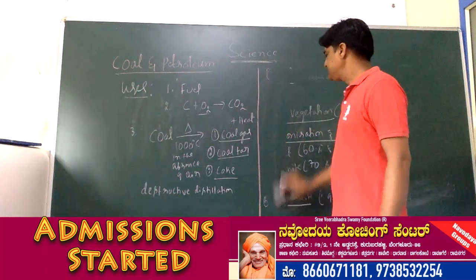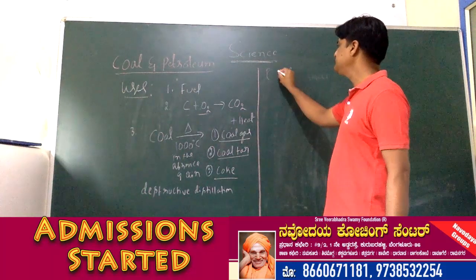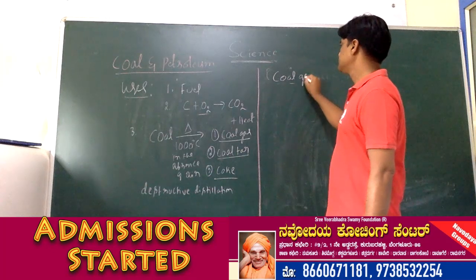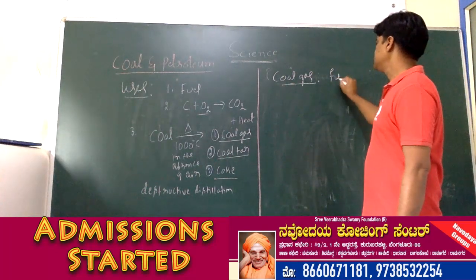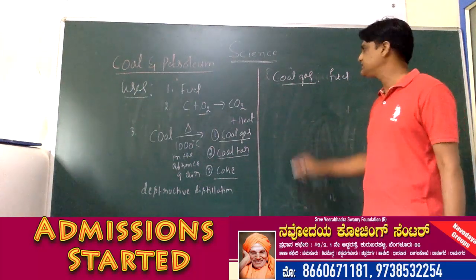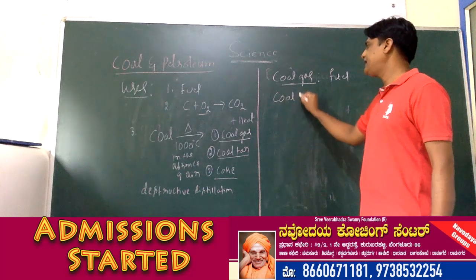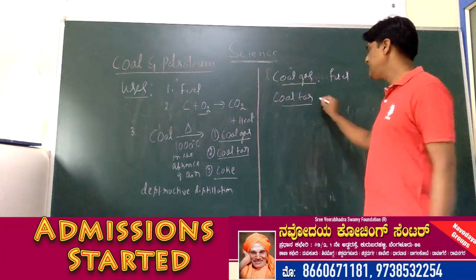See, the first fraction is coal gas, which is a gaseous fraction. And coal gas is mainly used as fuel in industries as well as for domestic purposes. Similarly, the liquid fraction obtained is called coal tar. Very important.